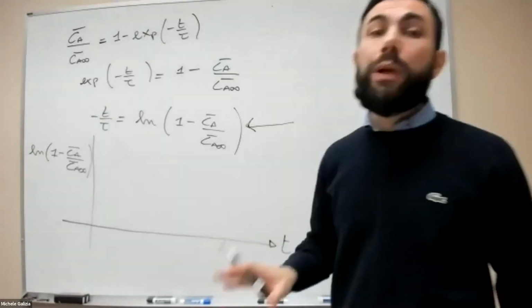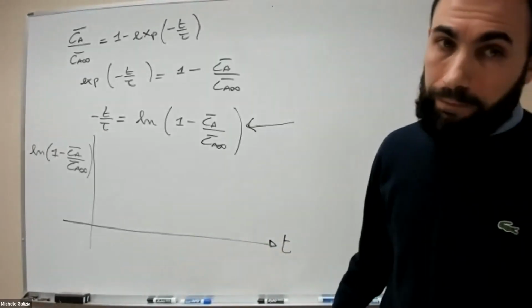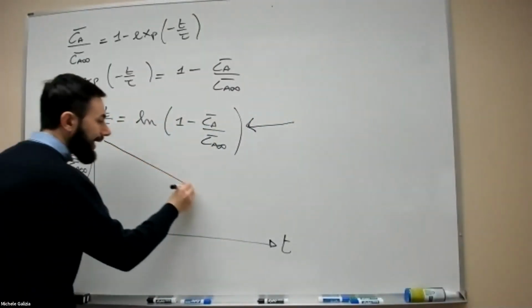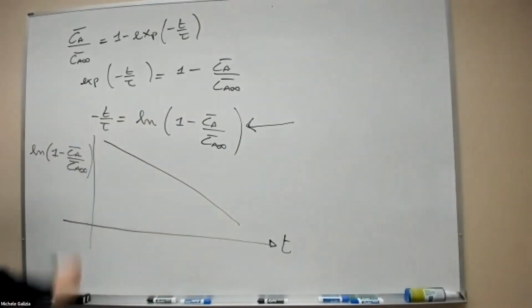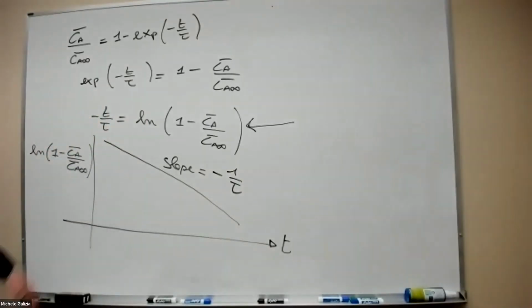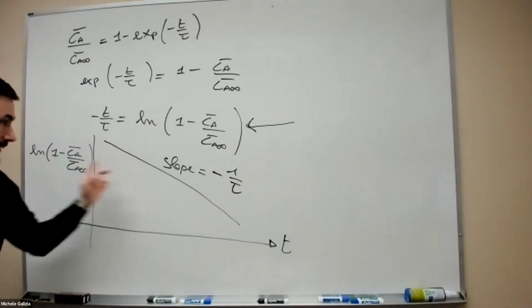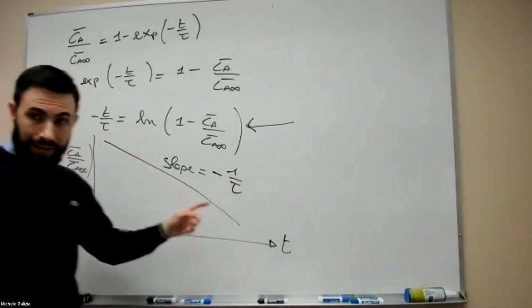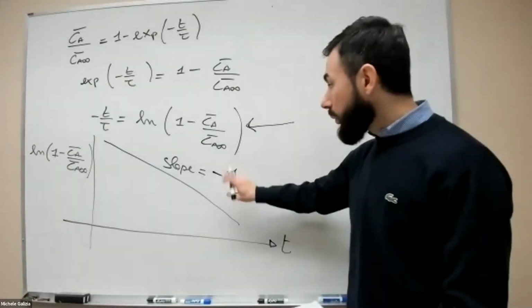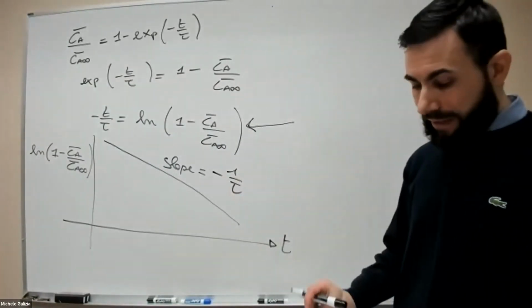A line. And a line with positive or negative slope? Negative. So you will get a line like this. What is the slope of this line? Minus 1 over tau. So go in Excel, plot the data in this way, get the slope with a linear interpolation, and the slope will be equal to minus 1 over tau.